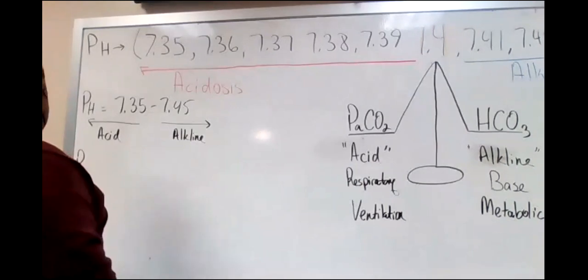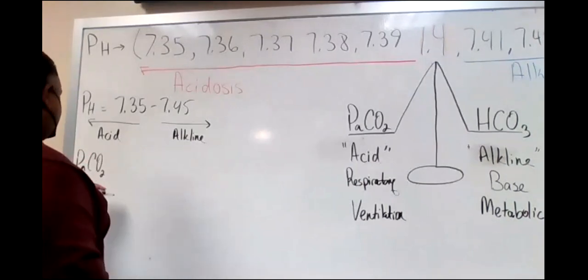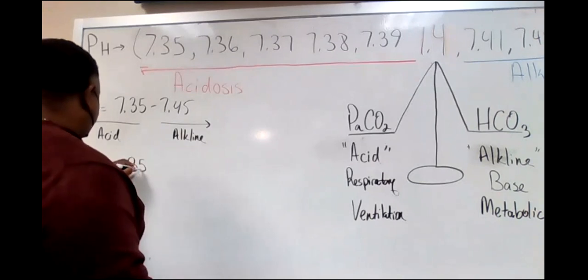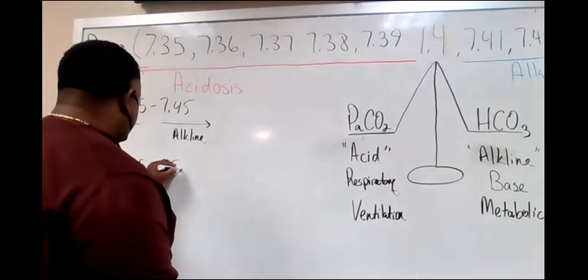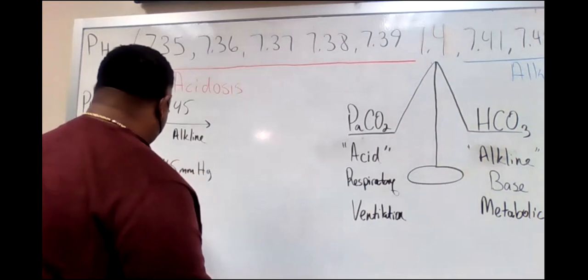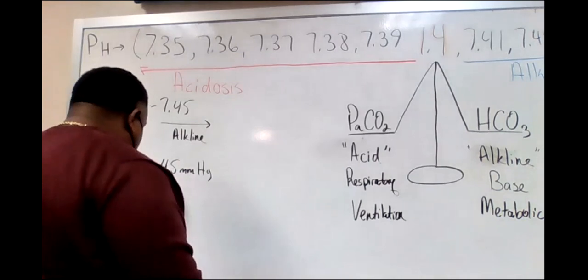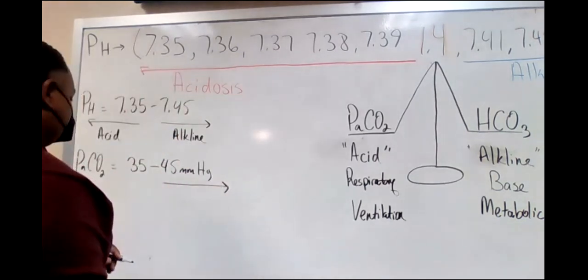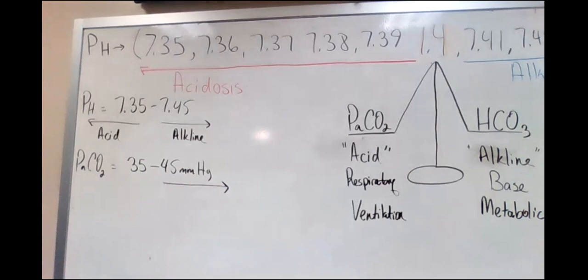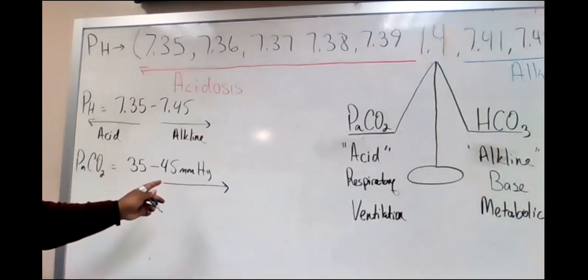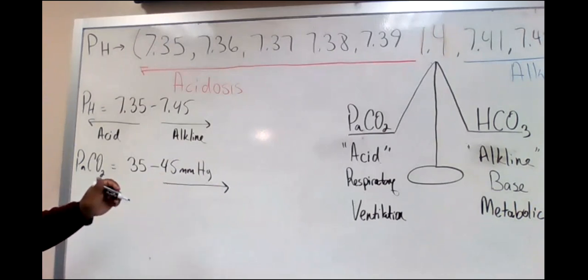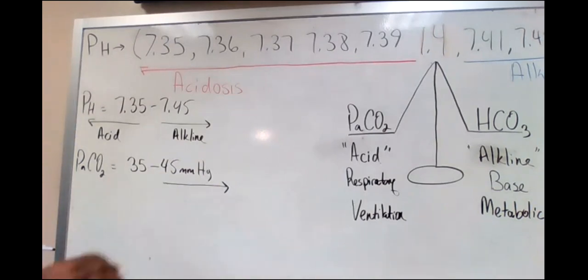The next one is PaCO2. 35 to 45 millimeters of mercury. Since CO2 is an acid, anything going this way, greater than 45, is what? Acidosis. CO2 is an acid. If the CO2 builds up to greater than 45, what is that? Don't guess.